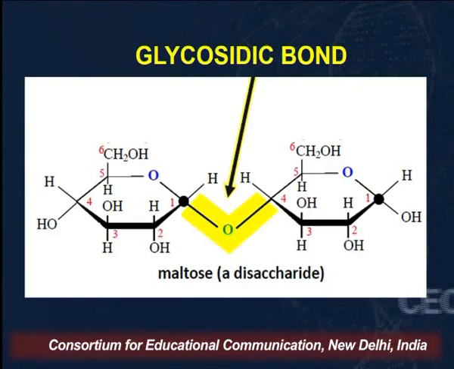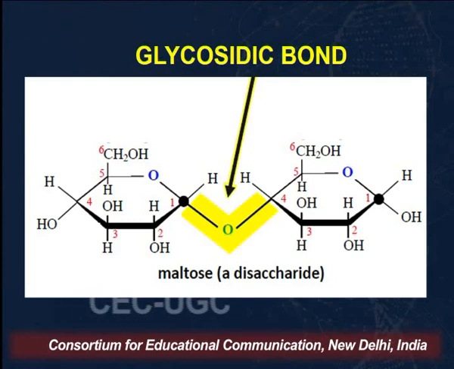I had also introduced you to the alpha and beta terms in the glycosidic bond. That is, we can call a glycosidic bond an alpha 1,4 glycosidic bond. We can also call it a beta 1,4 glycosidic bond.